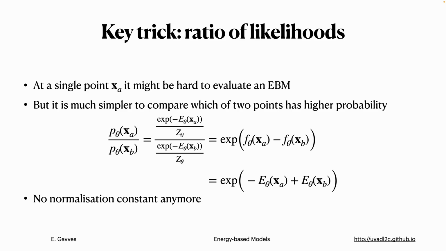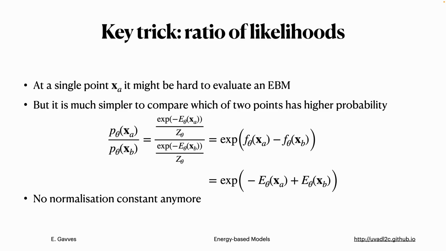At a single point, it will be hard to evaluate an energy-based model because you have to compute the integral. However, if you have two points, xa and xb, their relative ratio of likelihoods is much simpler to compute because the normalizing constant cancels out and you're only left with the numerators.